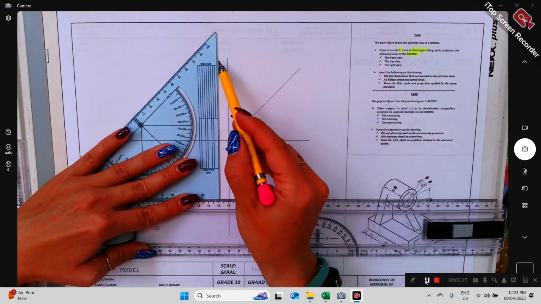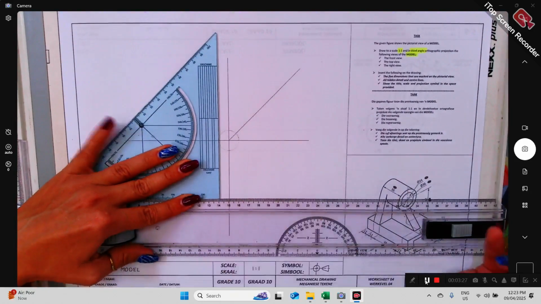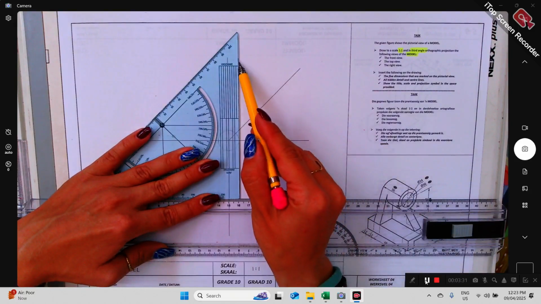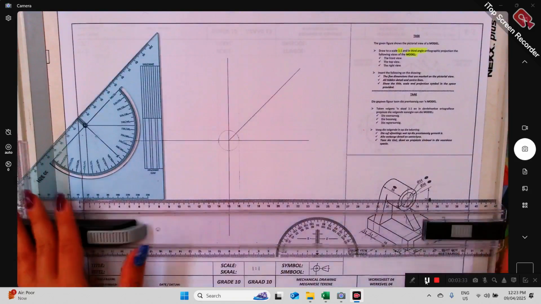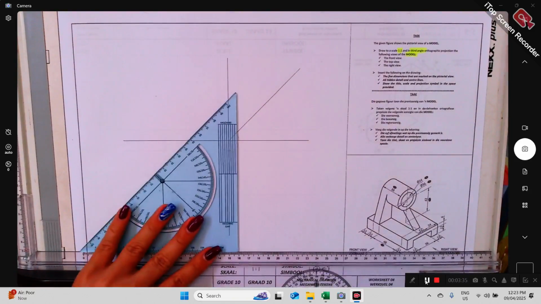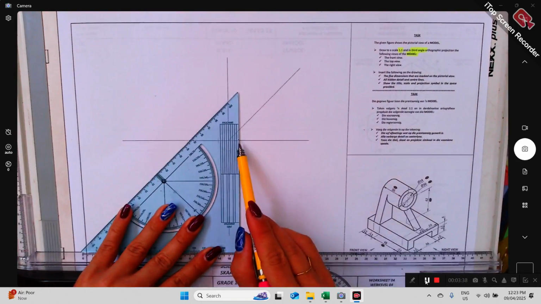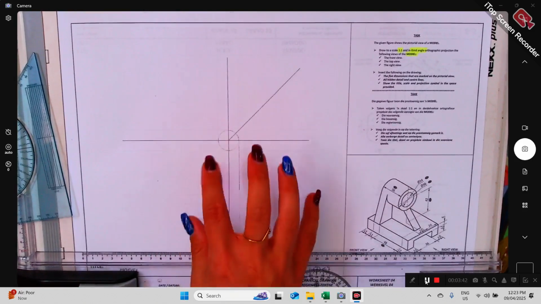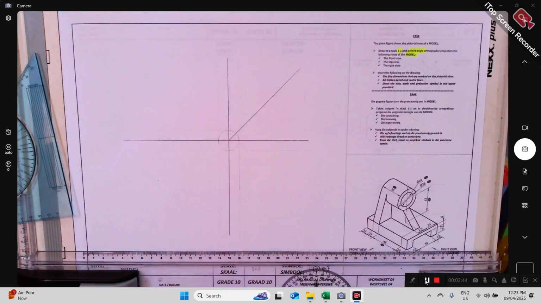Again, it's still a construction line. I repeat the process on the right-hand side for my right view. Construction line down, all the way through. Then I have the layout for my third angle orthographic drawing.